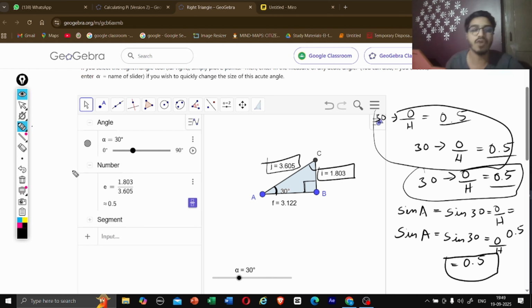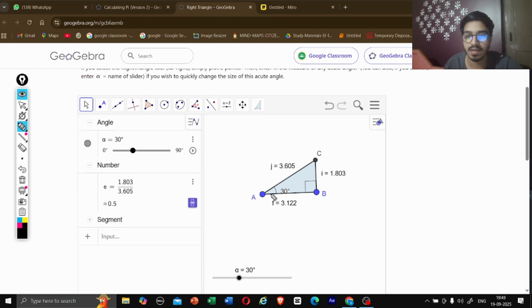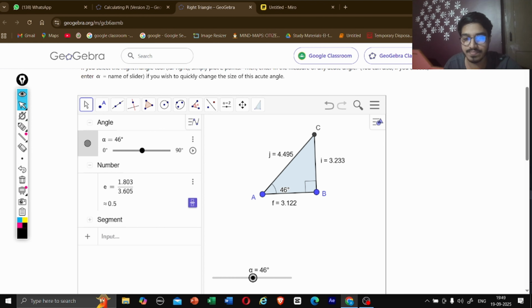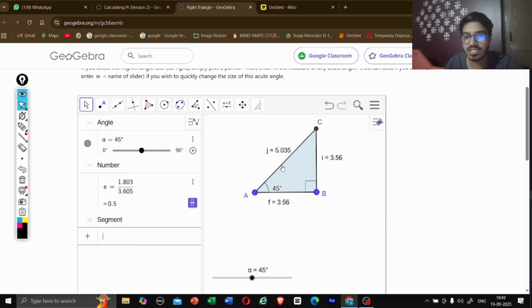Now let us see for a different value. Now let us take the angle as 45 degrees. If I take 45, in this case, opposite by hypotenuse, again we'll do 3.56 divided by 5.035.